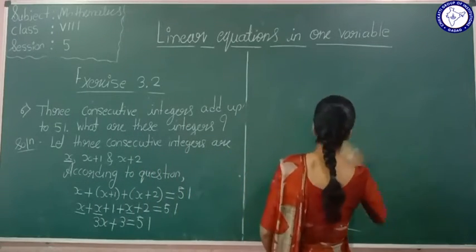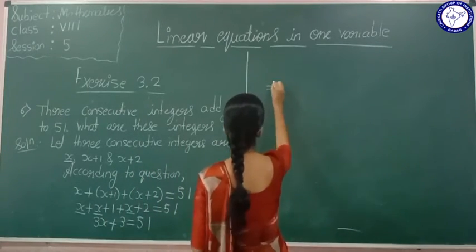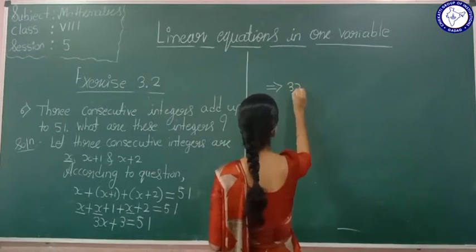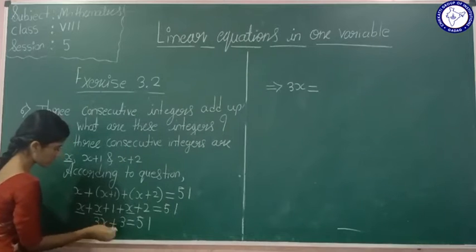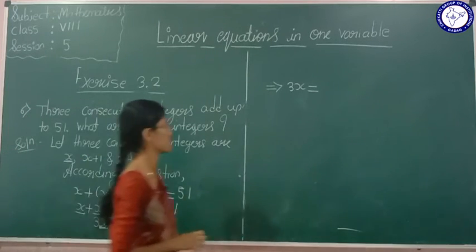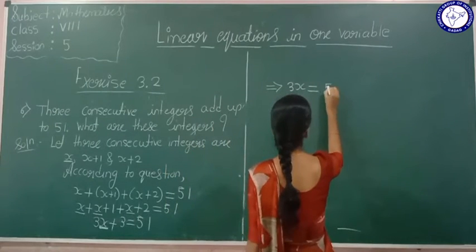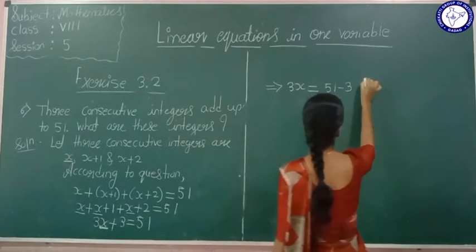So what is the next step? This implies 3x is equal to... we want the value of x here. What we will do? We will transpose this 3 to the RHS. It will become 51 minus 3.